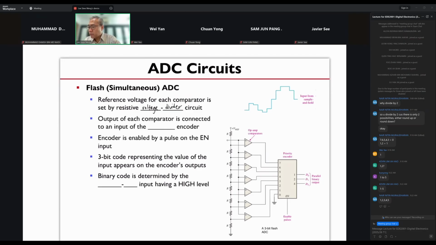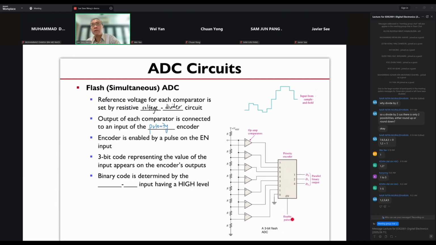Okay, so the output of each comparator is connected to the input of what we call a priority encoder. It will look for the highest op-amp that has a high output, and it will code that state into a binary level. Take note that this encoder is not always active. It's only active when there is an enable pulse.